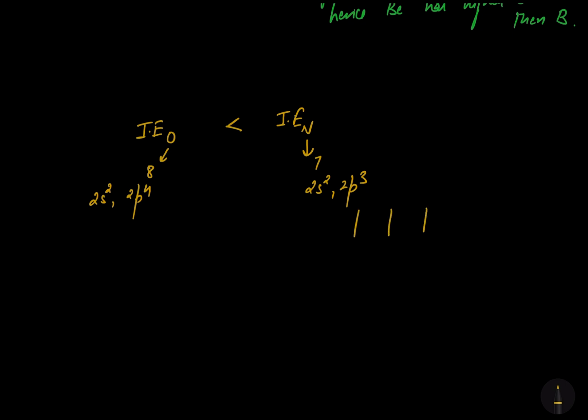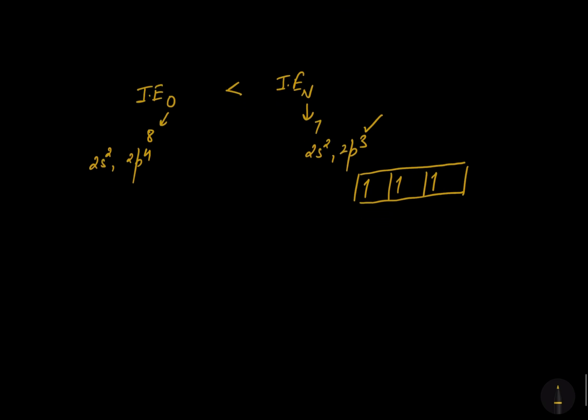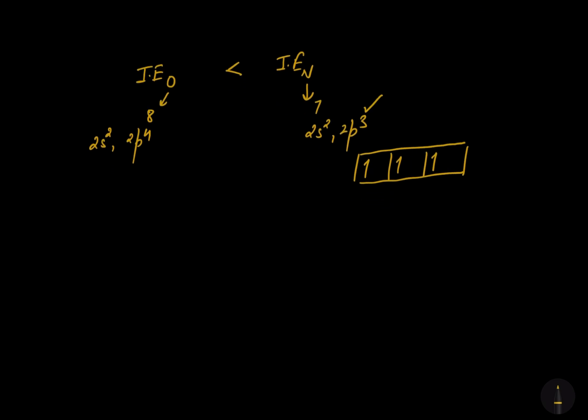I'm marking the degenerate orbitals of the 2p, the 2px, 2py and 2pz. Now according to Hund's rule, firstly all orbitals will get one electron each before pairing starts, and here we have 3 electrons in the different orbitals. Now what's this?